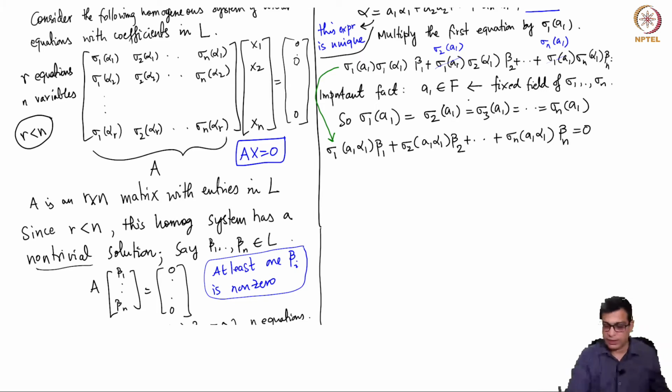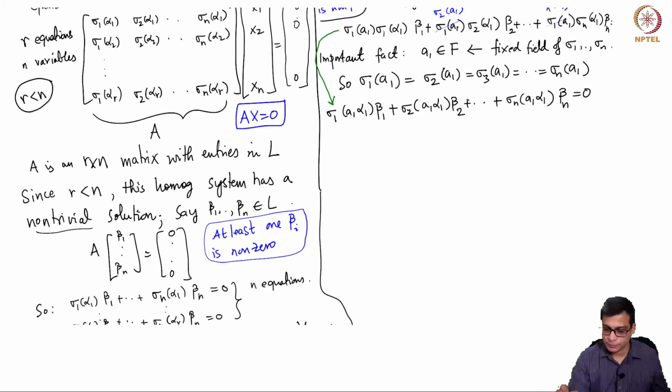Now you multiply the second equation by sigma 1 A2. I want to have all of them together, so I'll write the second equation here and write what I get here.